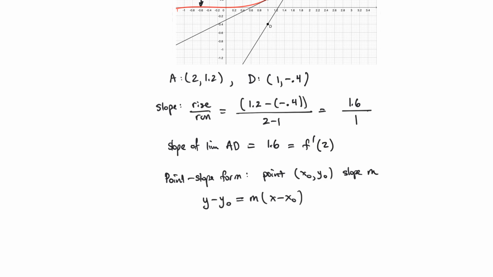Now, from high school, you're probably used to writing lines in the form y equals mx plus b, and that's still totally acceptable. But for many reasons, the point slope form is easier to work with, and we'll see that in this example.